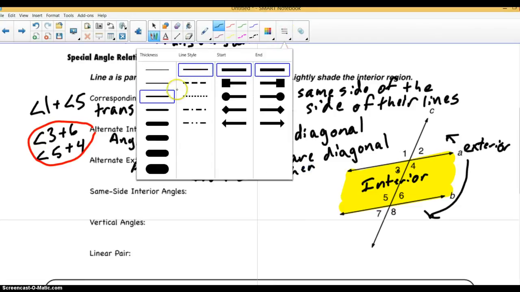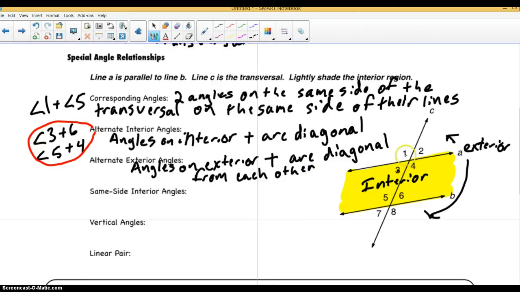And our examples are angles 1 and 8, as well as 2 and 7.